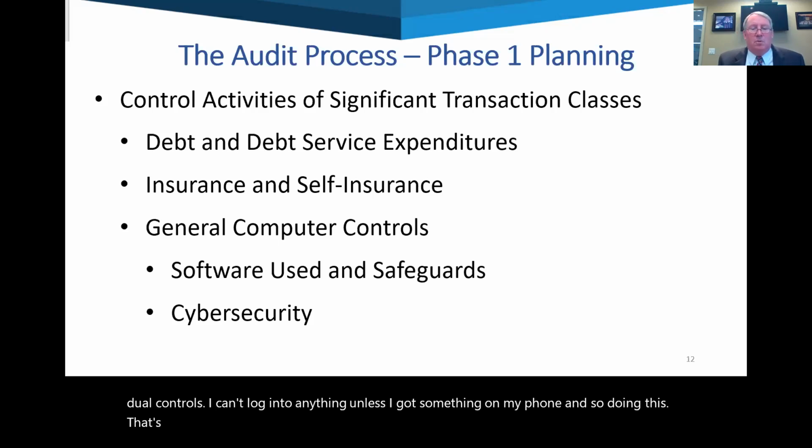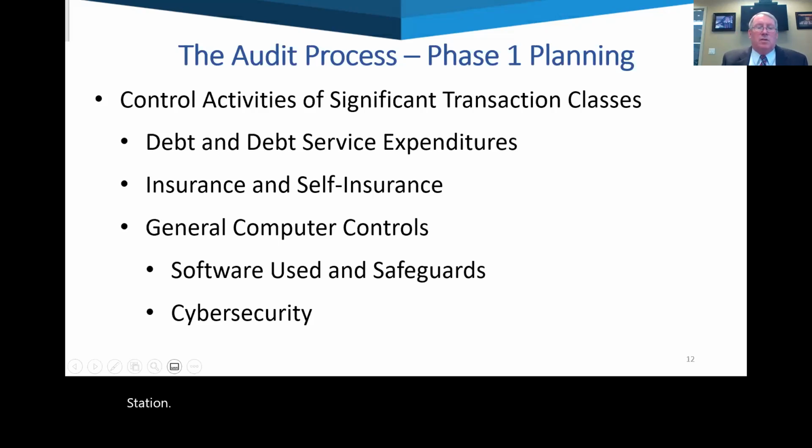Cybersecurity is one of the most important areas of control. And we have specific general questions on cybersecurity that are extremely important as we evaluate what you do. So IT is very important in understanding that audit process. Next slide, please.